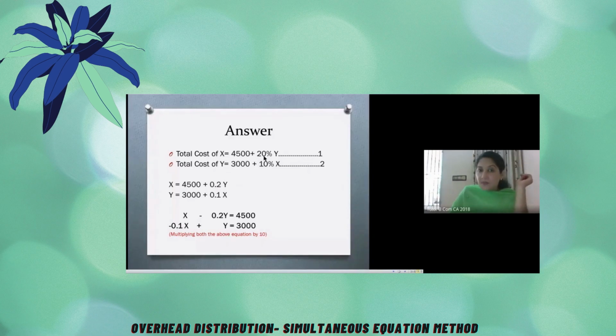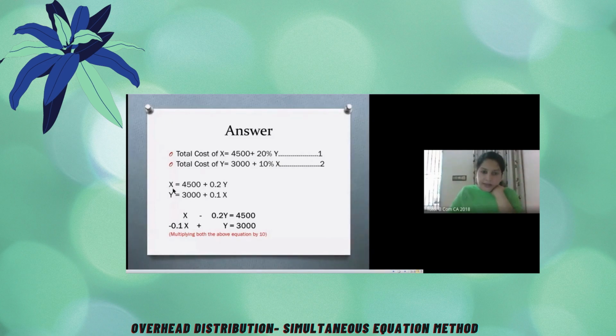4,500 plus 0.2Y, 3,000 plus 0.1X. Okay. Now this is not an algebraic equation. I want to rephrase it into a proper algebraic equation for finding the value of X or Y. I can take the option of finding the value of X or Y here. So I'm going to do it this way.